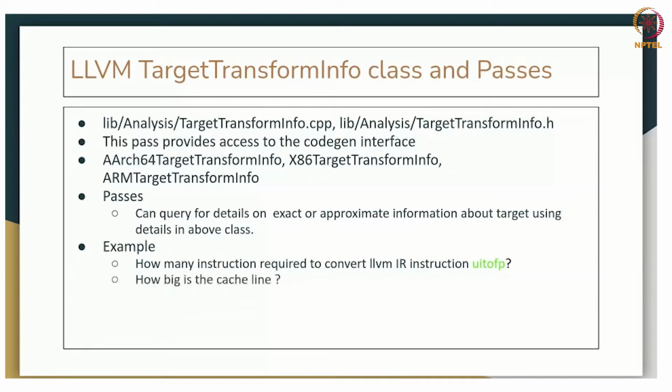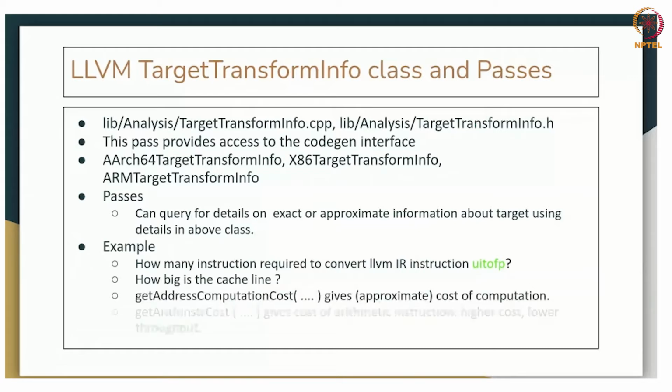How big is the cache line? Then get address computation cost gives the approximate cost of computation, where get arithmetic instruction cost gives the cost of the instruction. Higher the cost, lower the throughput. So you prefer an instruction for a conversion which has lower cost.